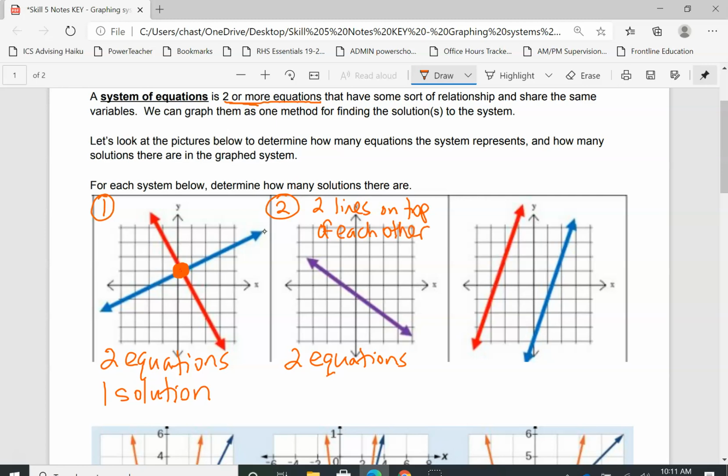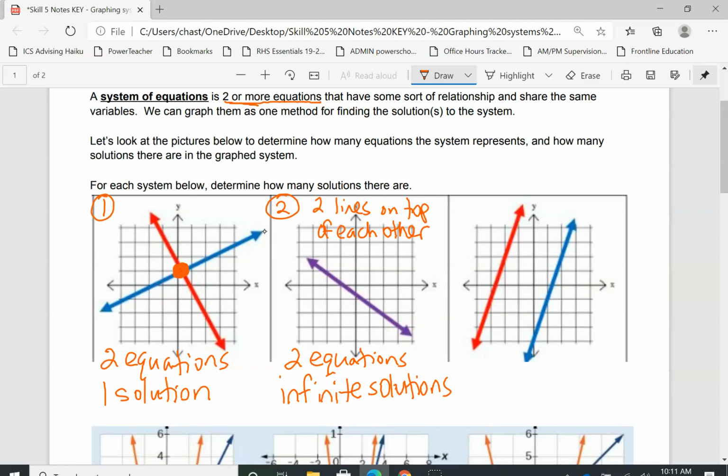So it's made up of two equations, but when you solve them for y and simplify, they end up being the exact same equation. So on this one, we would say there are infinite solutions. And that happens when your two equations boil down to the same line.